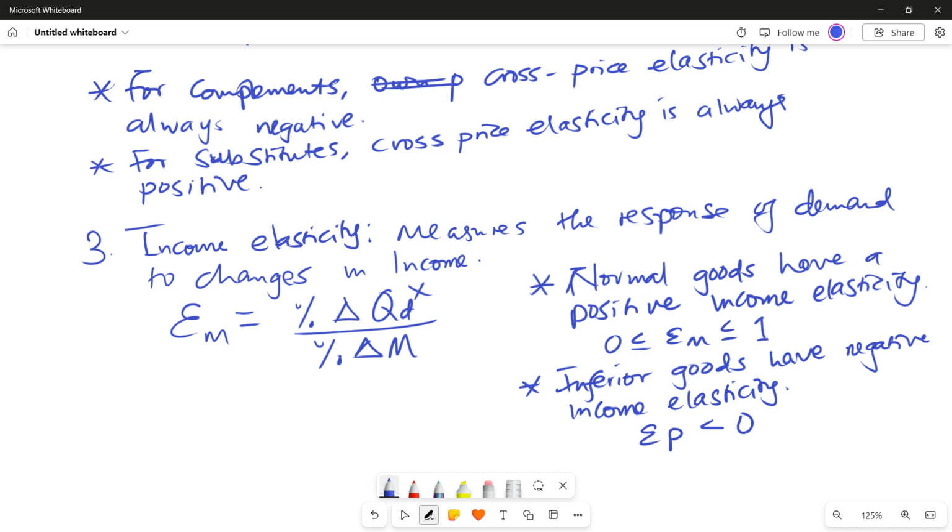An inferior good is just a good whose demand only increases as income is reducing. You only remember an inferior good as you become poor. As your income is increasing, you do away with this good because it's inferior, and you only go back to this commodity as your income is reducing. So inferior goods have a negative income elasticity, meaning that the value is less than 0.